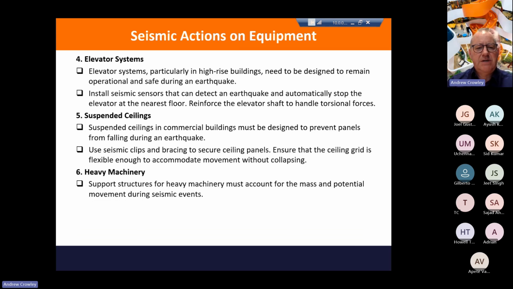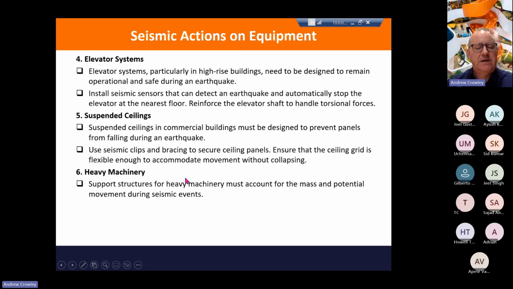Heavy machinery, as mentioned before, whether it's on the ground floor or whether it's on the top floor makes a big difference, but in both cases you will still need to design the supports for your heavy machinery to take into account the movement during a seismic event and potentially accidental eccentricity. But I'm guessing this will be covered in equipment regulations rather than structural regulations.